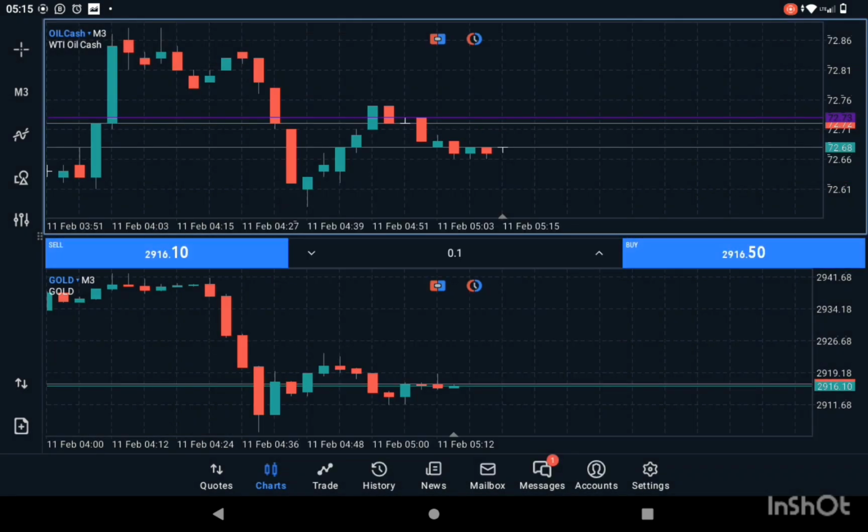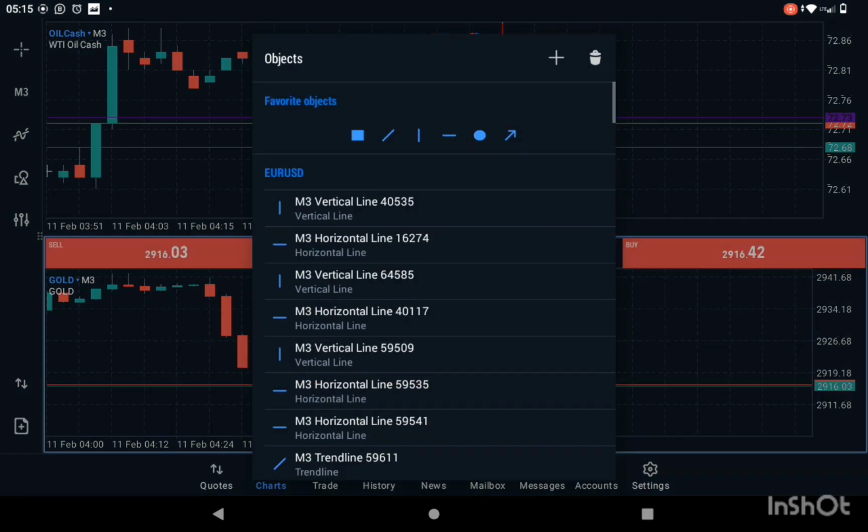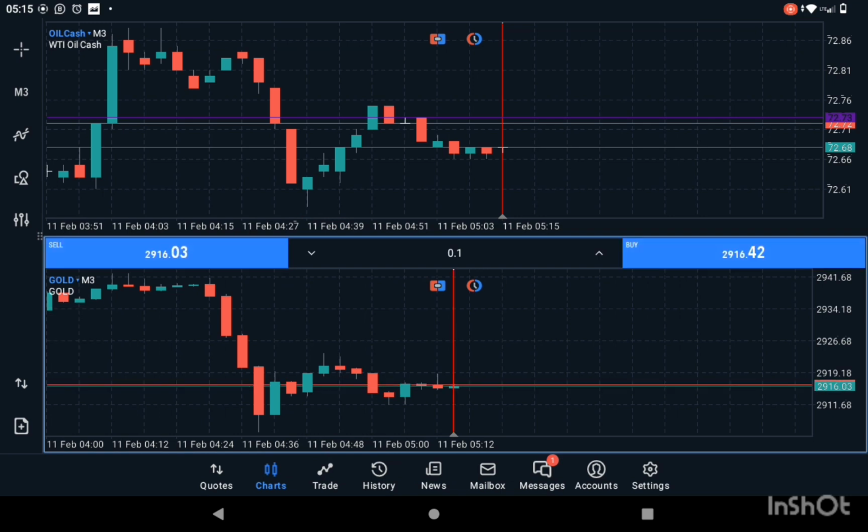Just bear in mind, I don't use those market indicators like the Fibonacci retracement instruments or the trend instruments.